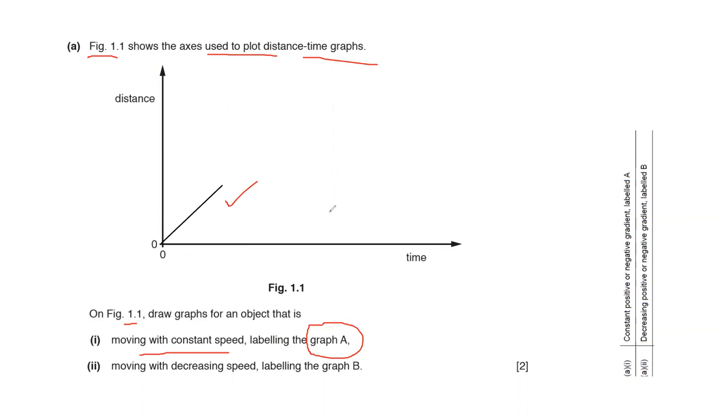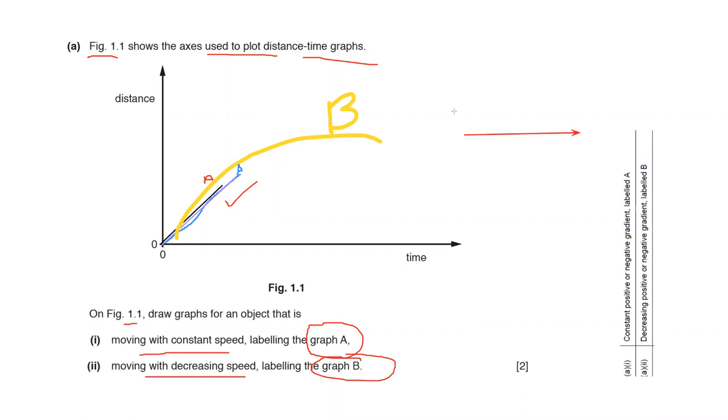Yeah, that's right. When we have a distance-time graph for an object moving at a constant speed, it will be a straight line. And what about the second one? Moving with decreasing speed, label that as graph B. If the speed is decreasing, the slope will decrease.